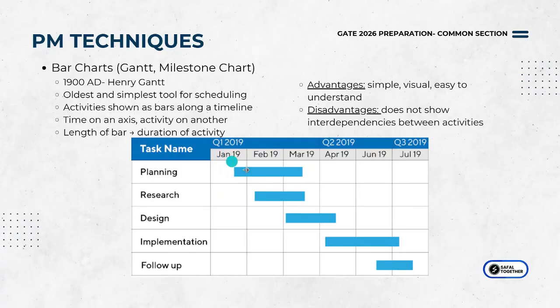You might have the exact dates, and then these bars might be drawn accordingly. So the level of detailing also depends on the kind of project or the kind of people involved, and whether or not you need such details going further.